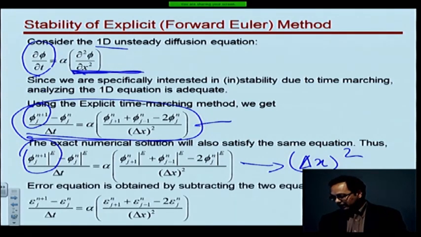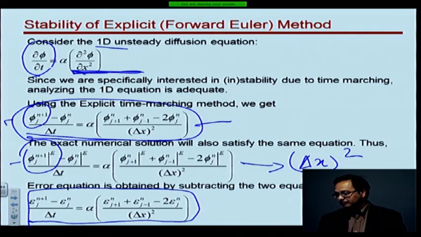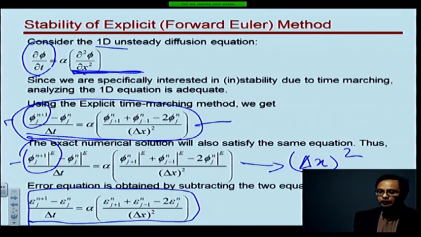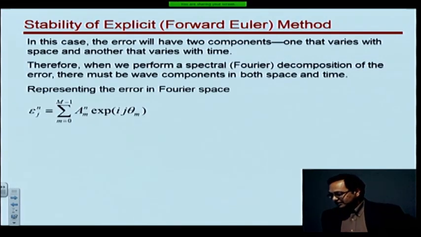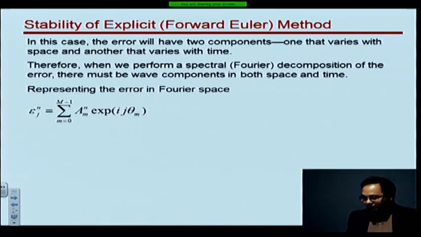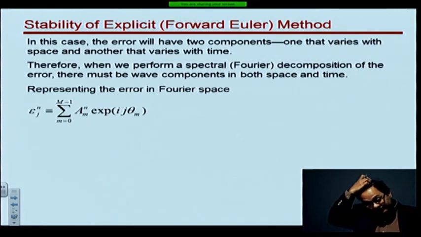So we have an error equation which looks like that by subtracting out this guy from that guy. And now we are going to ask the question if that error decays with time or grows with time. So just like before, we are going to represent the error by a Fourier series.